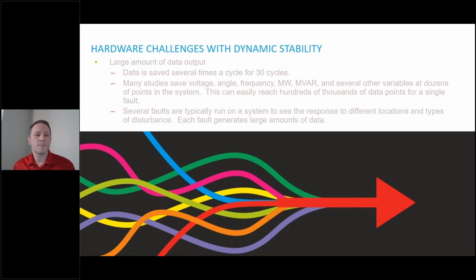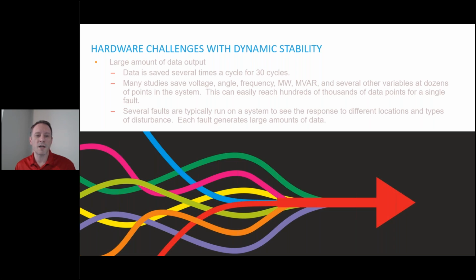Some other hardware challenges for actually running the dynamic stability is that there's just a large amount of data plotted. For 30 cycles you plot, there's going to be several data points for each cycle, and there's a lot of different data that needs to be saved between the voltage, frequency, megawatts, megavars, and a few other things.